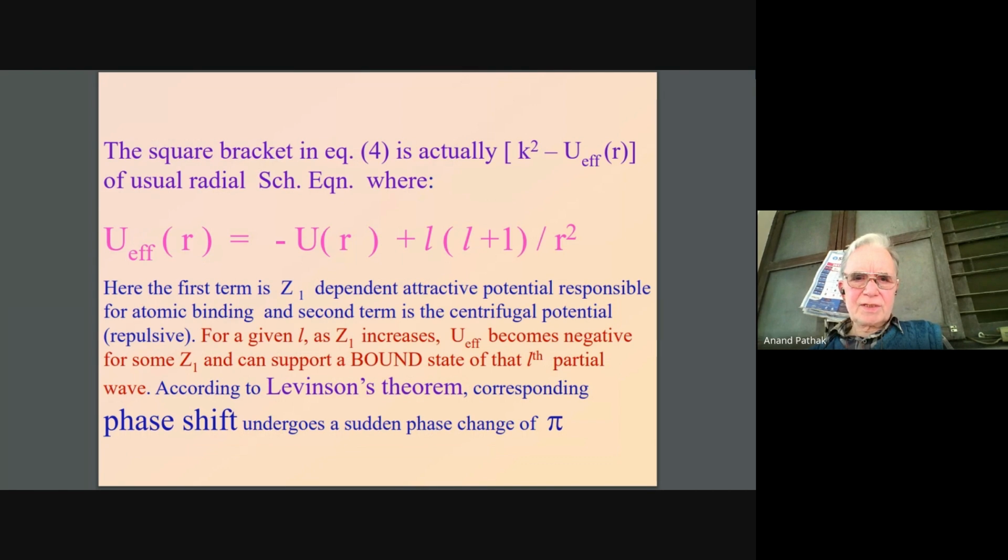Effective potential, this is the potential due to the projectile charge felt by the electron, and the centrifugal force due to various L, and because L is equal to 0, it is just a wave, but then it is a particle. So that gives you, because using Levinson's theorem, one gets a phase shift change of pi occurs, each scattering phase change of pi occurs, and that's what gives you the oscillation. Next one.